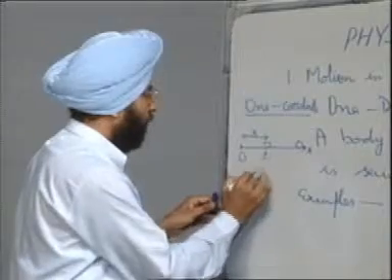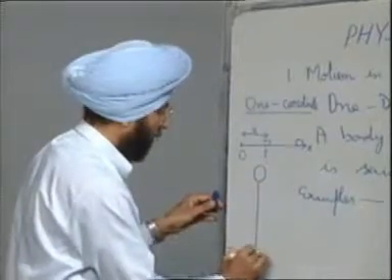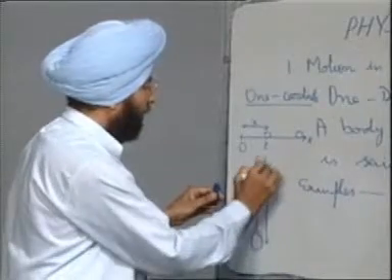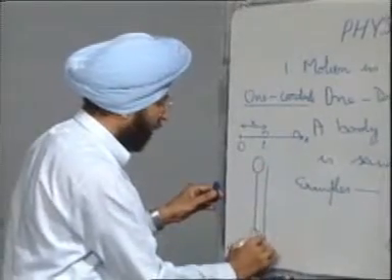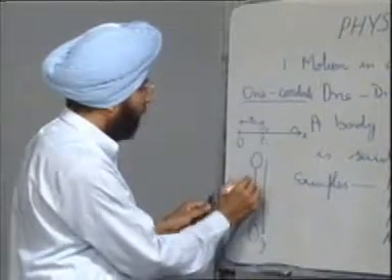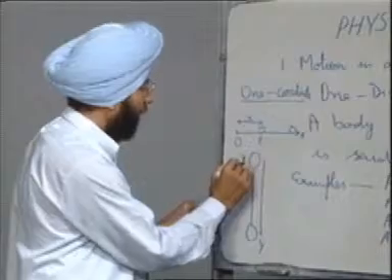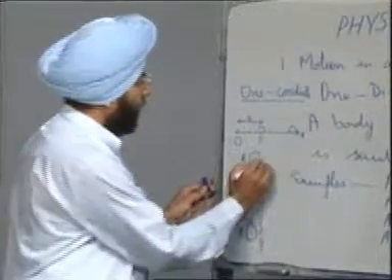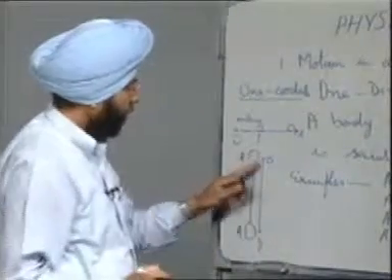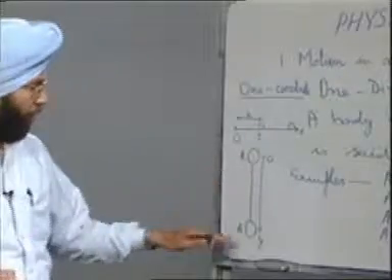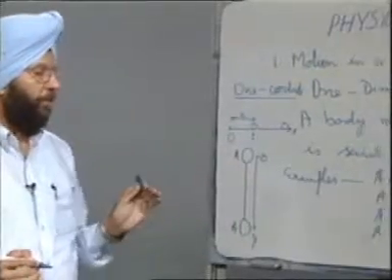Similarly, if a body is falling freely, and we know the position of the object A at different times relative to this point O along the y axis, then we know the motion of the object completely.